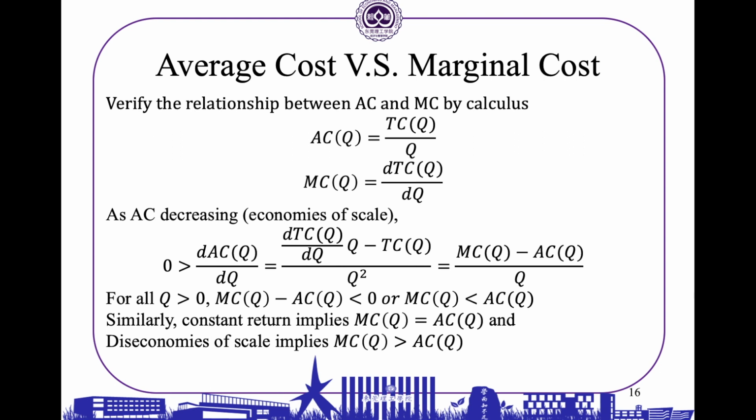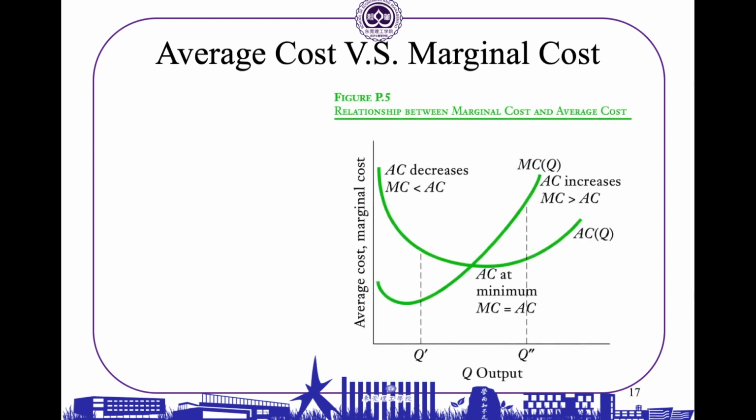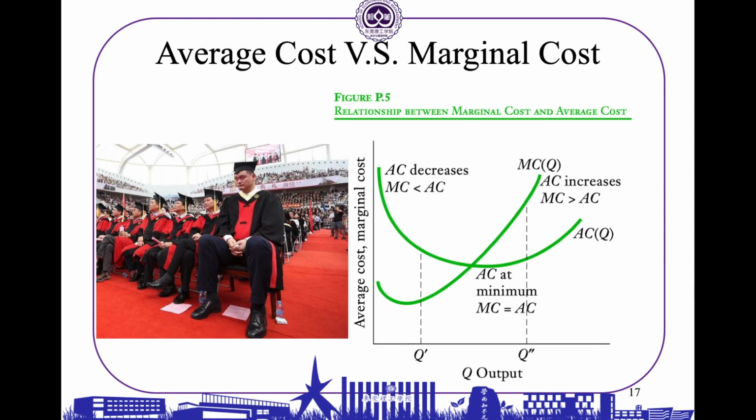The intuition of this result is easy. Consider the case of the average height of our class. If Yao Ming is our new classmate, he is taller than all of us, and thus his height, the marginal height, is larger than the average height.